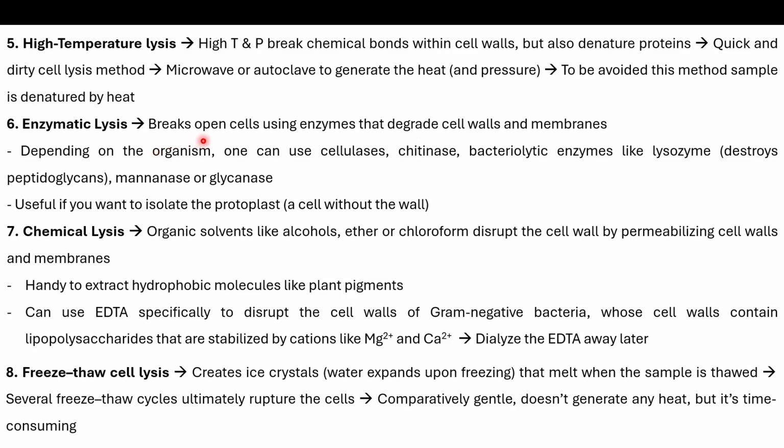Enzymatic lysis breaks open cells using enzymes that degrade cell walls and membranes. Depending on the organism, one can actually use cellulases, right? Cellulose walls are there in case of plants, chitinases, bacteriolytic enzymes like lysozyme, which interferes with peptidoglycan cross-linking. There can be mannanase or glycanase.